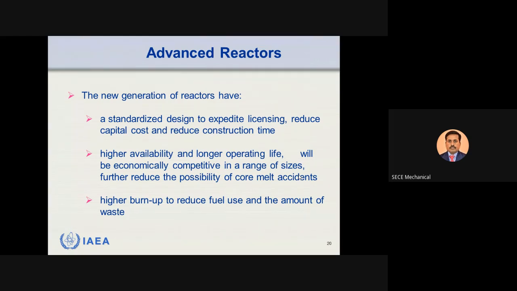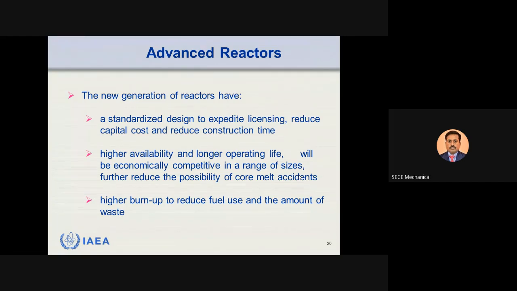What I'm trying to say is that, compared with the previous ones, these types of reactors are easy to design, the cost is also reduced, and the construction time is very short. That's why it is called an advanced reactor. Another key feature is higher availability and longer operating life. If you look at the previous reactors, the life of the reactor was a very short period.